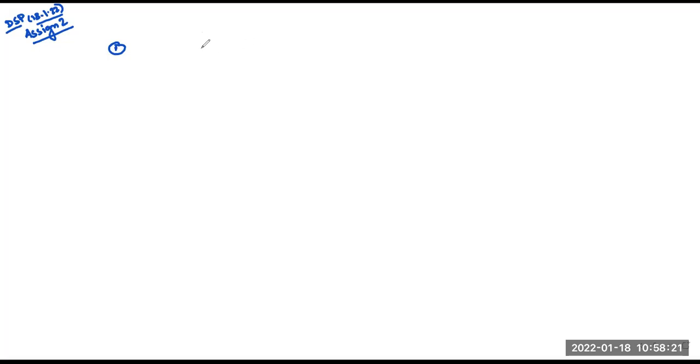That means x(n) goes through the cascade h1(n) into h2(n), and we get the output y(n). So this is the first, for cascade.